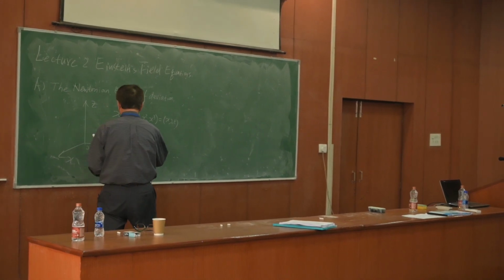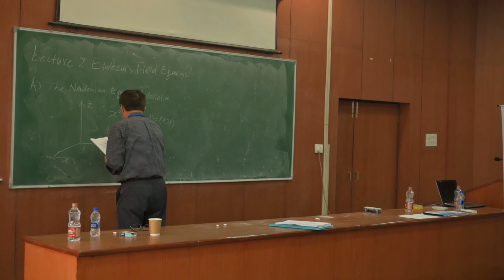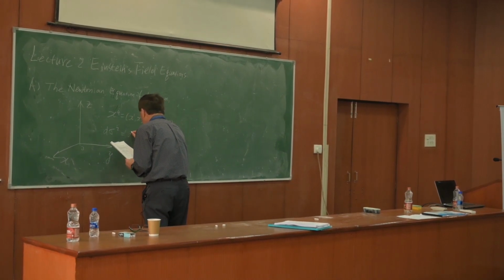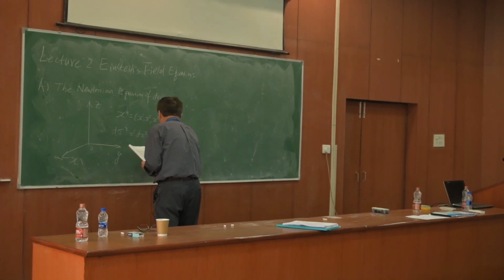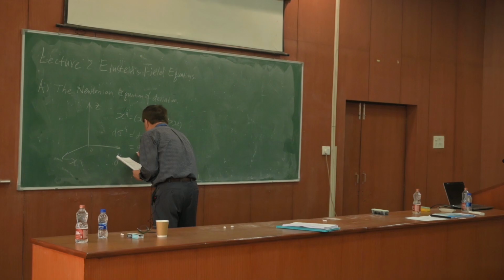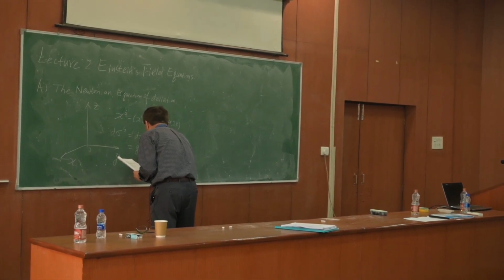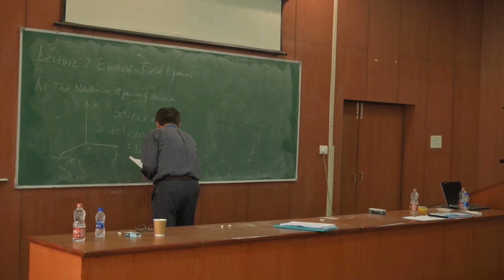Then we use the metric dσ² = dx² + dy² + dz². This you can also write as δ_ab dx^a dx^b.